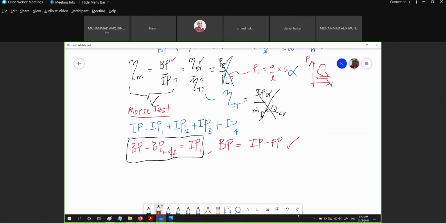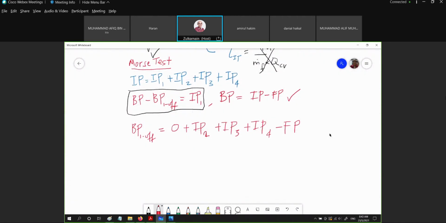Semua saya kena tulis sini adalah BP ya. BP 1 off which is equal to IP1 plus IP2, IP3 plus IP4 minus FP. Jadi which equation is number 1, which equation is number 2? Ya, kita perlu taruhkan kita punya BP.